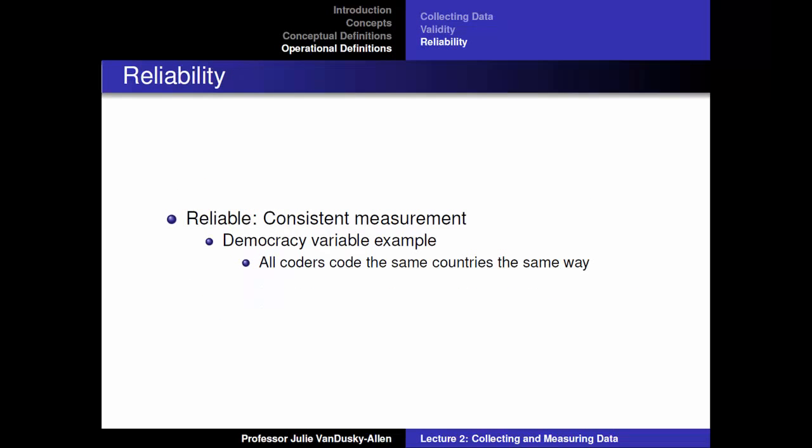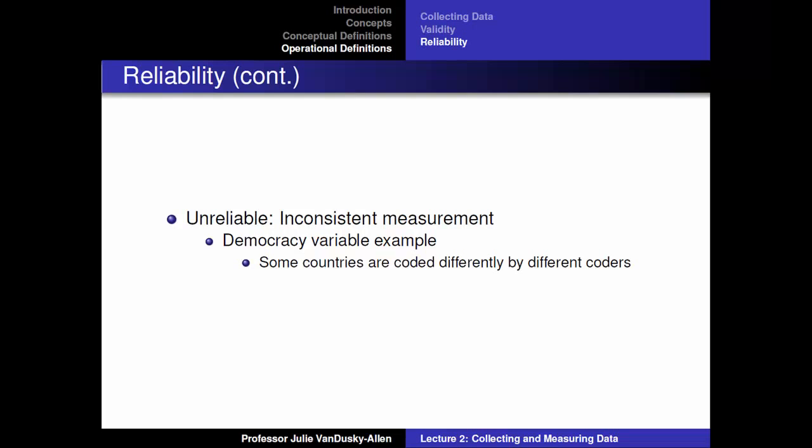Not only do we need to evaluate whether our variables are valid, we also have to evaluate whether they are reliable. A variable is reliable if it consistently measures subjects or cases the same way when we apply our coding criteria to those cases multiple times. Using our democracy variable example, the variable would be reliable if multiple coders coded the same countries the same exact way.